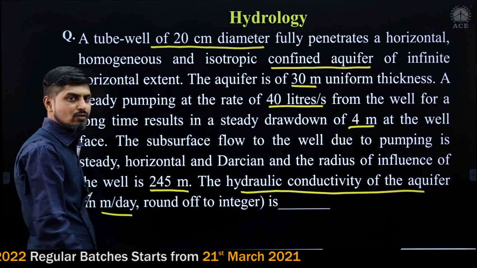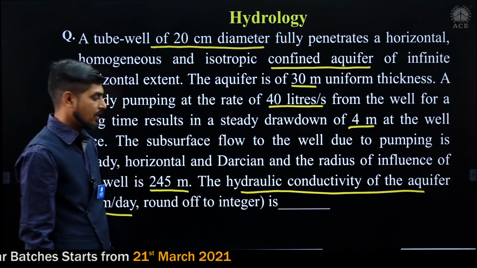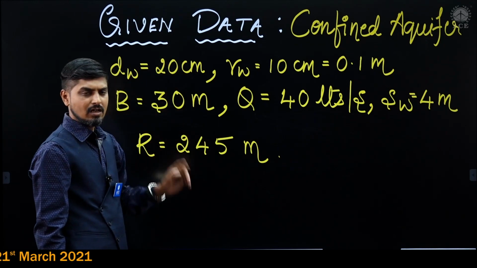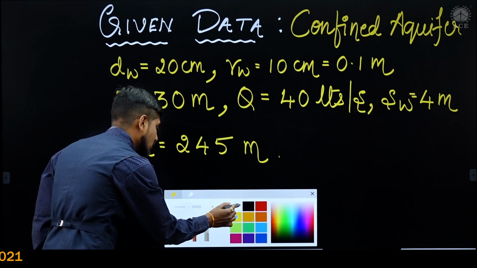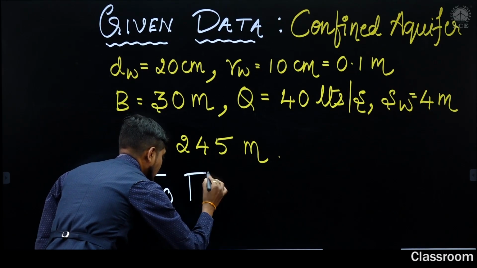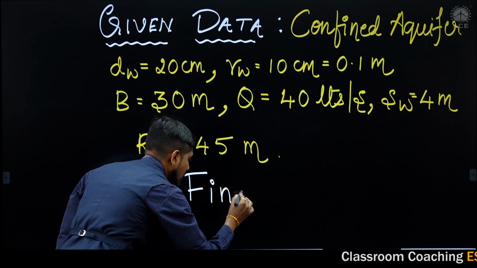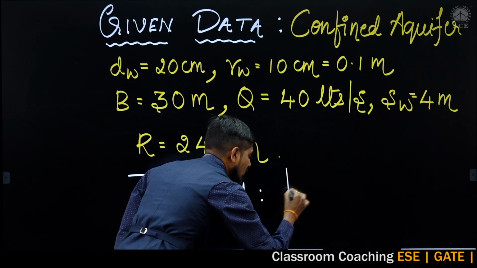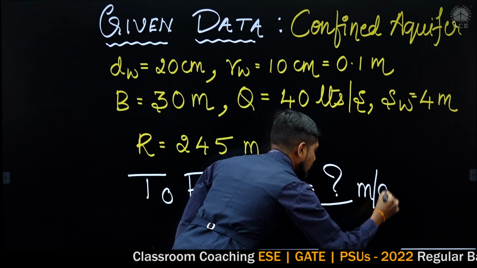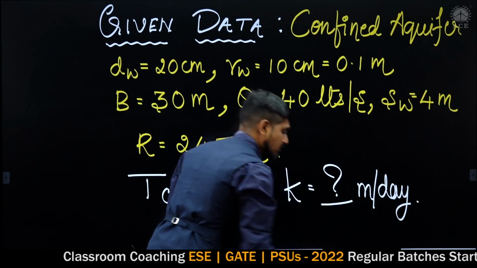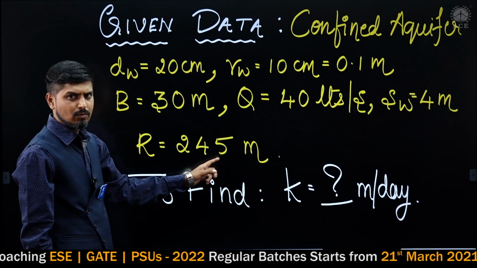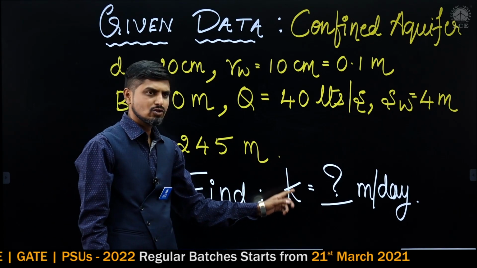So this is the complete set of given data, and K in meter per day is what we are supposed to find.